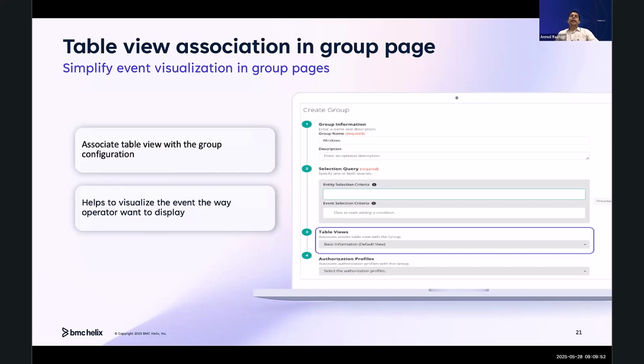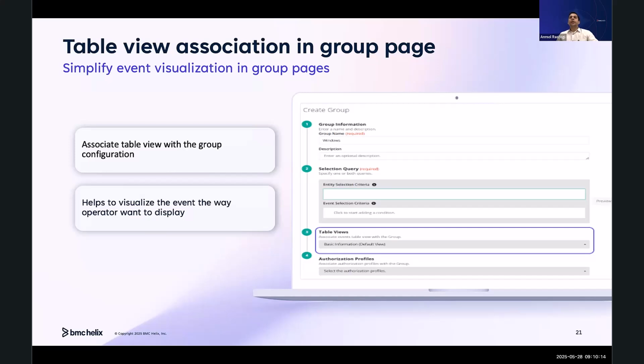I can create a table view for Unix, and a table view for my Windows operator, where Windows-specific slots are selected, whereas in the Unix table view I select only the Unix operator specific event slots.